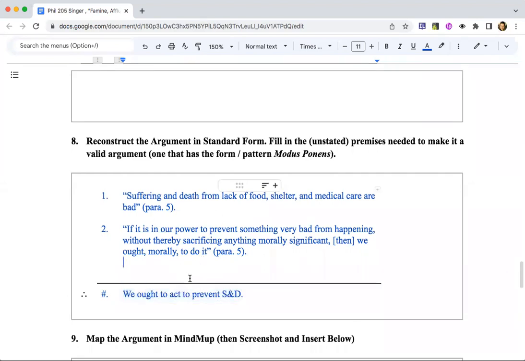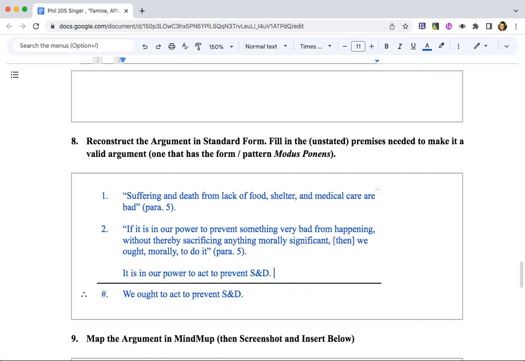In order for these premises to imply the conclusion, we need to fill in 2 implicit premises. It is in our power to act, or at least implicit in paragraphs 5 and 6. Recall paragraph 1. He underscores that in this particular case in Bengal, it's in our power to do something. The suffering and death is not inevitable.